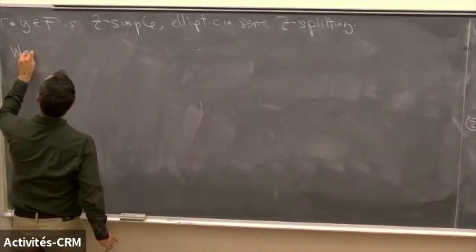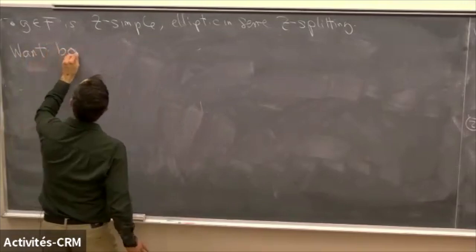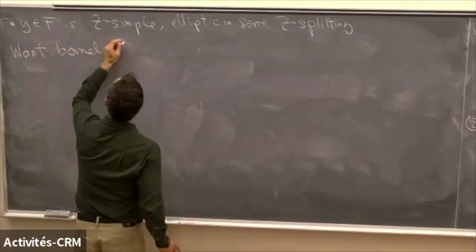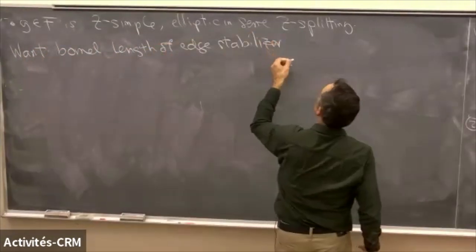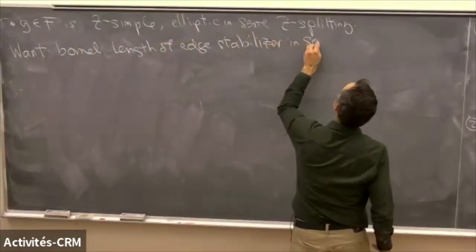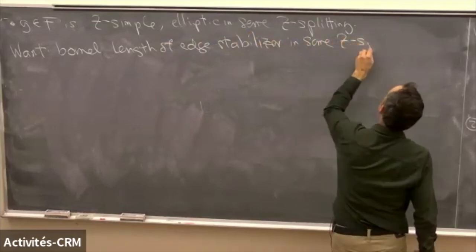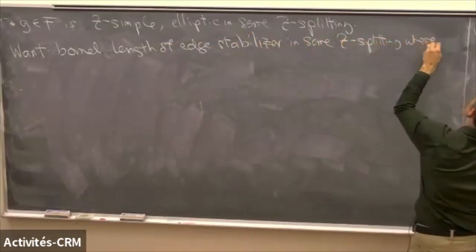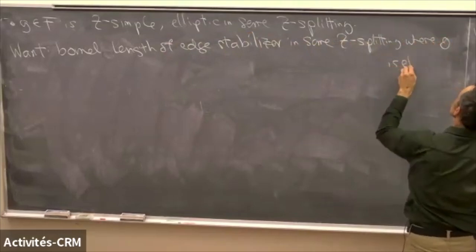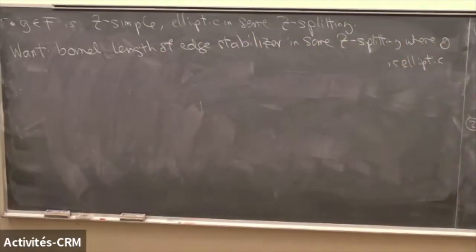So what I want is to somehow bound the length of an edge stabilizer in some Z splitting where G is elliptic. Then I can play a similar type of game.